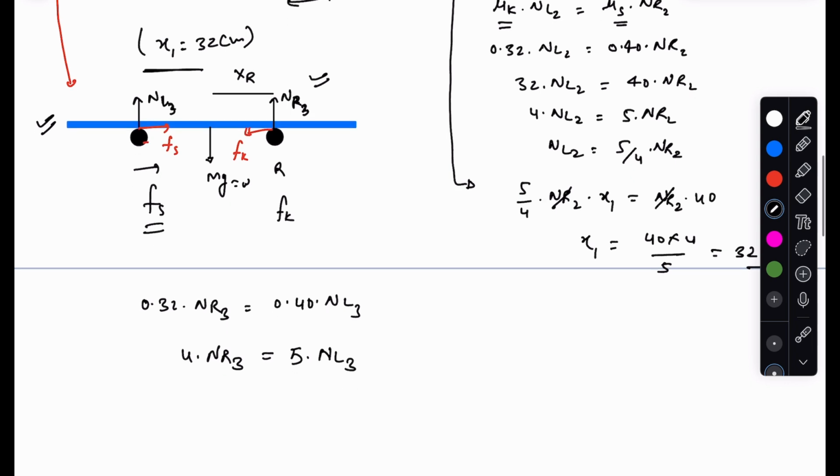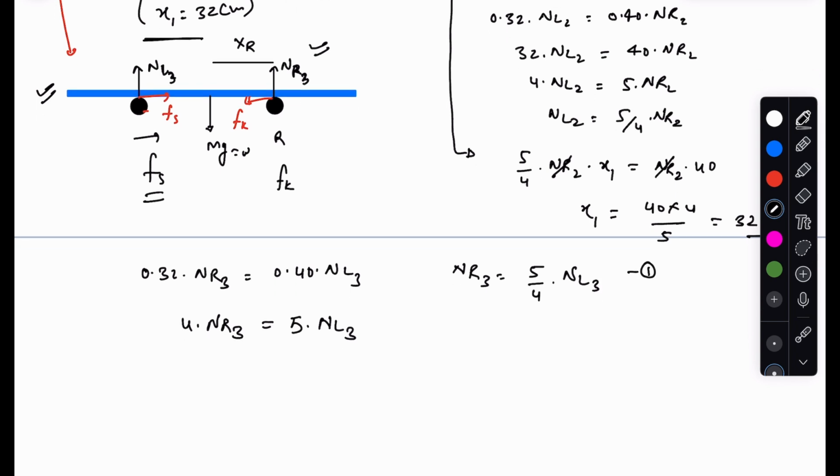So from here you get nr3 is equal to 5 by 4 times of nl3. One equation is this one. Another equation is the torque balancing equation about this center of gravity. So then nl3 times of x1 is equal to xr times of nr3.